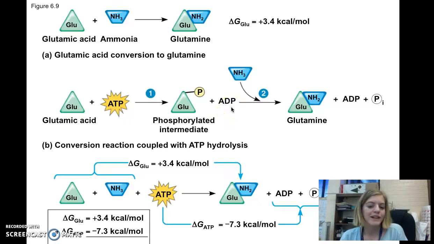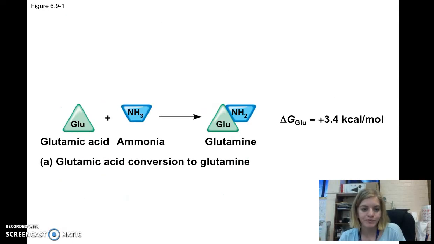And then this gives us the energy that we need to allow the ammonia to come in and proceed with the reaction. We need some energy here. The reaction that happens here with ATP releases about 7.3 kilocalories per mole, whereas for the initial reaction to happen on its own, we would need 3.4 kilocalories per mole. So notice that ATP helps give us the negative delta G.